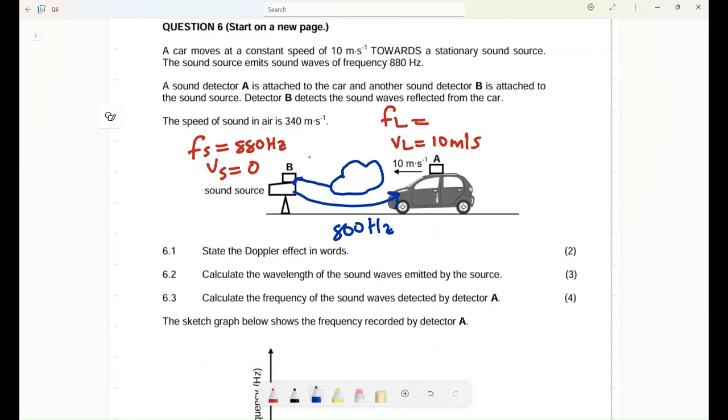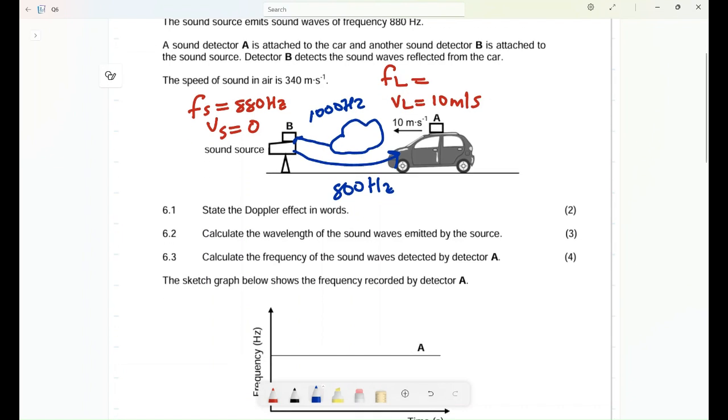So the frequency here will be maybe 1000 hertz, because now B will detect a higher pitch. So when it is approaching, the sound becomes more intensified and louder than when it is moving away.